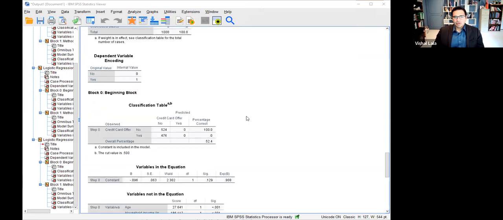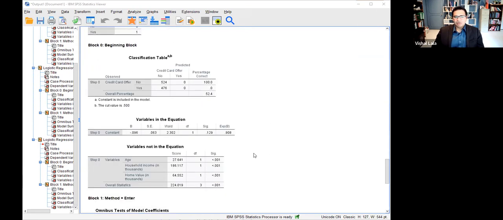Now, block 0 is going to be the same for this model as it was for the previous model. You'll recall block 0 is one where it's a baseline model. It's a model that is based on not using any predictors. So all you have is your outcome variable, and predictions are typically made based on majority class.